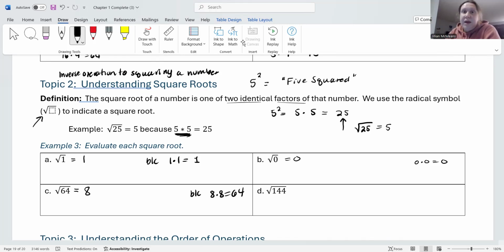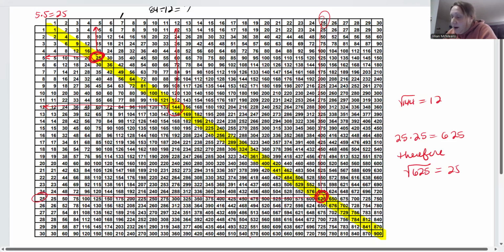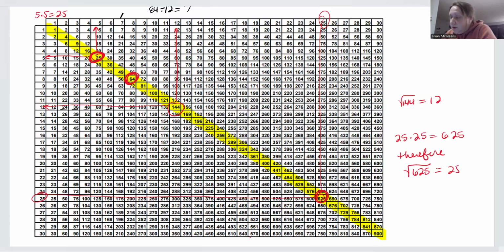Further, if you're struggling, we can go to the multiplication table, and we can go down the diagonal until we find our 64. Well, hot dog, we're in the 8th row in the 8th column. Look at that. 8th row, 8th column. So that tells me that the square root of 64 is 8.